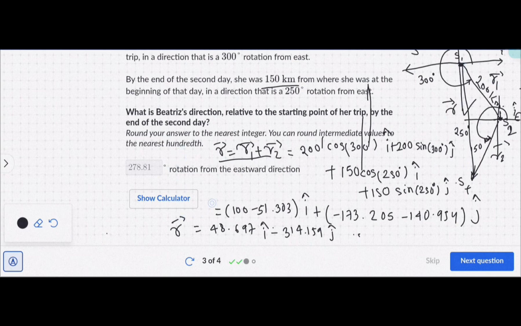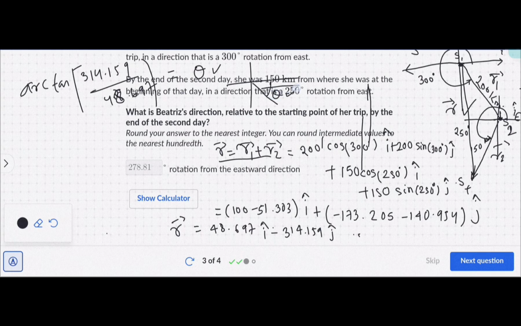Now to find the angle we have to take arc tan of the magnitudes. So it will be 314.159 by 48, sorry, 697. When you take this you get a theta, and this theta will be in this quadrant.